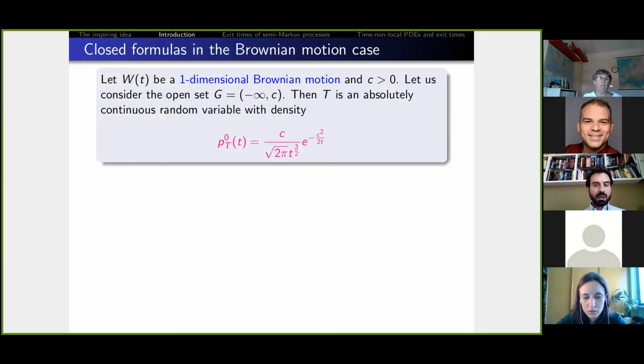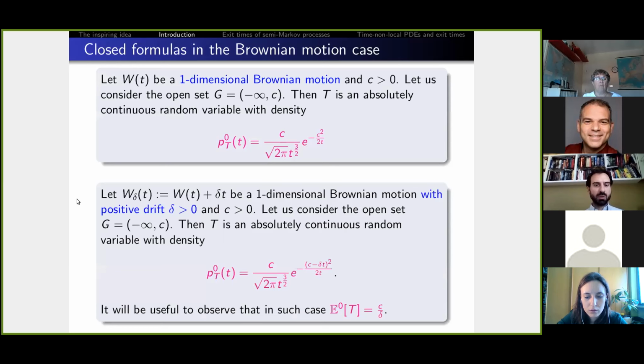For example, you can get the first passage time distribution in very explicit form in some cases. If you have a Brownian motion, even with drift, you have a closed form for the density of the first passage time.